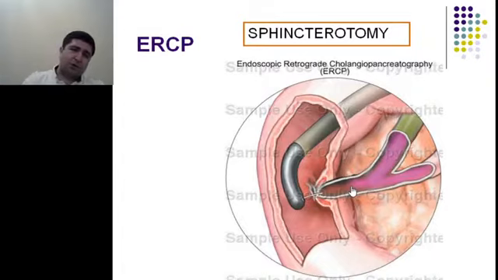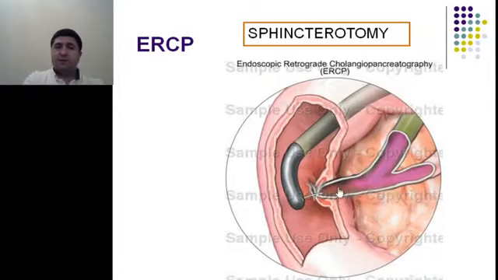After we enter contrast, we switch on X-ray, and on X-ray we see the presence of any stones inside the common bile duct. So we perform the diagnostic part of this procedure.